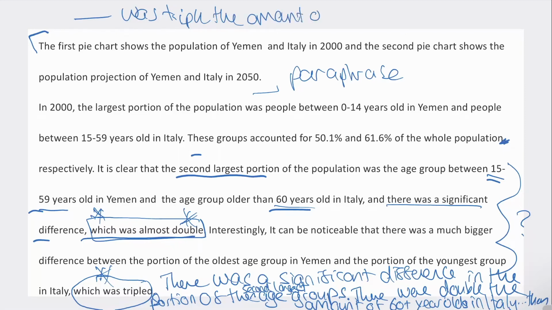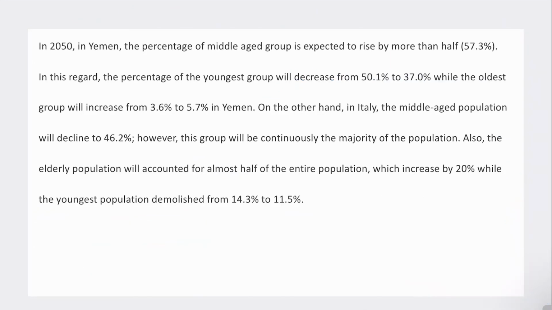The amount of blank, or the blank was tripled. And we don't usually say the amount, which was tripled. It sounds too vague and too passive, so I would prefer those two types of sentences, but I'm being a little bit picky. Let's go to the second paragraph.